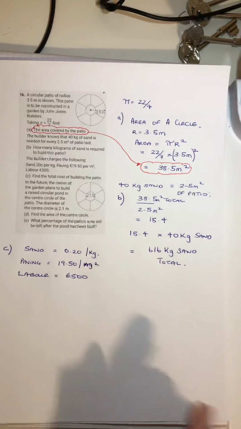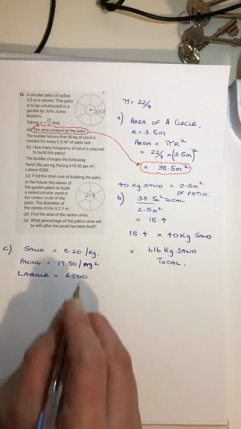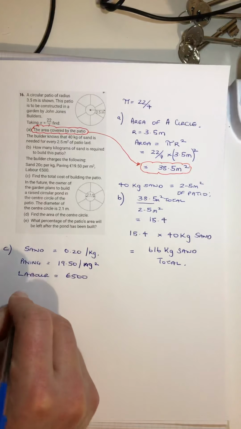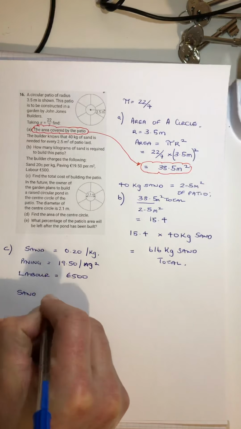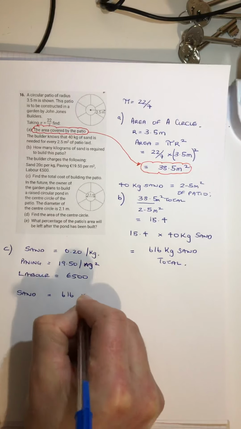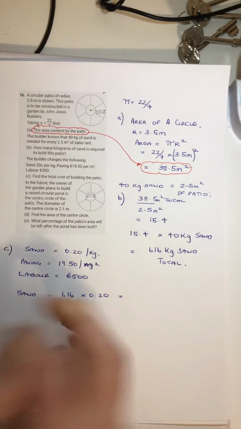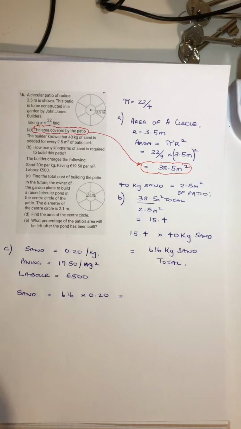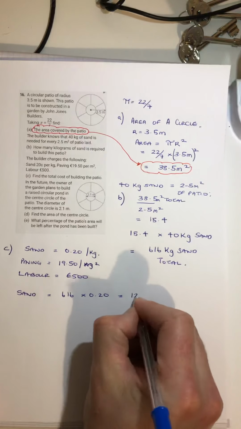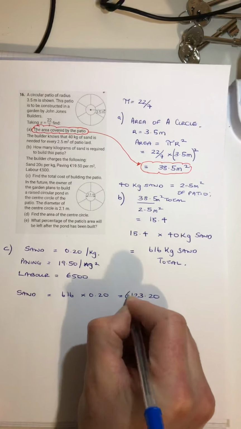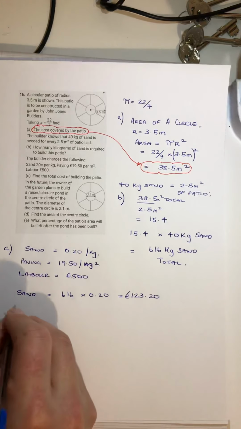Now, find the total cost of building the patio. So, the sand is going to cost me 616, multiply that by 20 cents, is equal to €123.20.